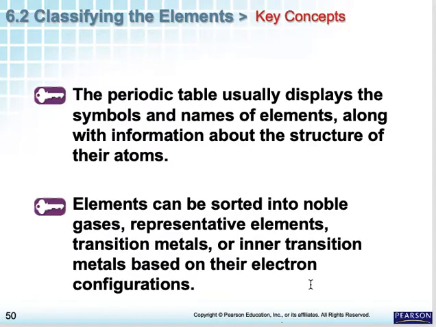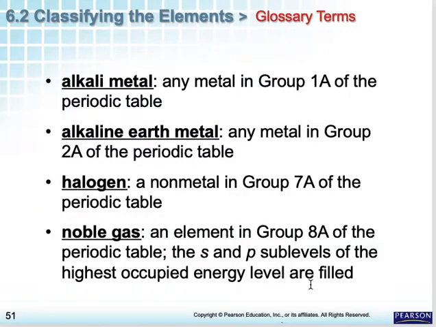The periodic table usually displays symbols, names of elements, along with information about the structure of their atoms. Elements can be sorted into noble gases, representative elements, transition metals, and inner transition metals based on their electron configurations.